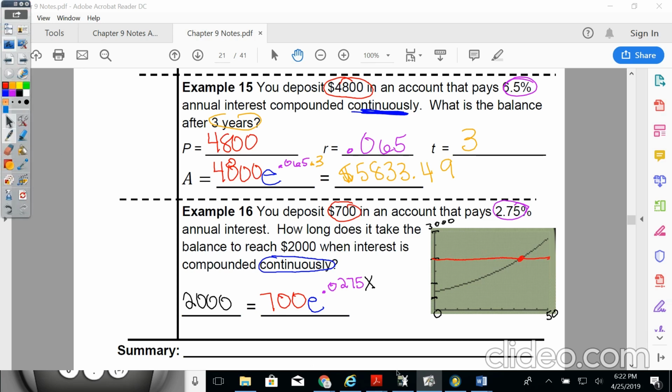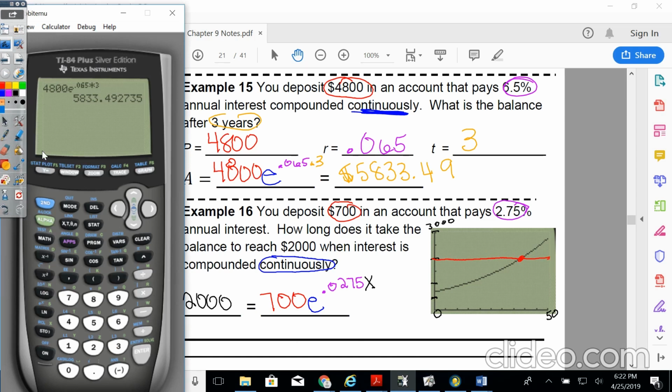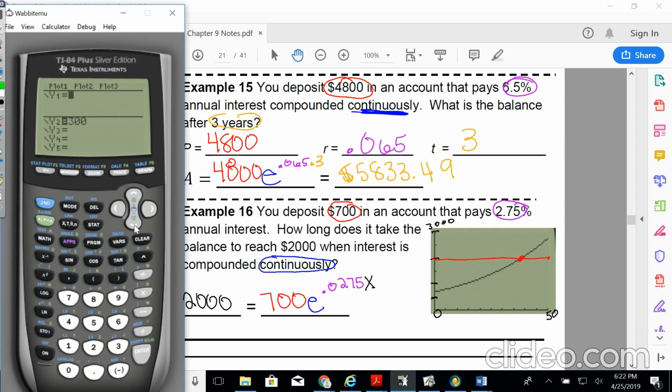So let's adjust our window and graph it in the calculator. Over here, in y equals, let me clear this last one. We want to do 700 e to the 0.0275 times x, and we want to know when that reaches 2,000. If we just hit graph, it's probably not going to be the window we want from before, so I'm going to change it to 0 to 50, counting by 5s.